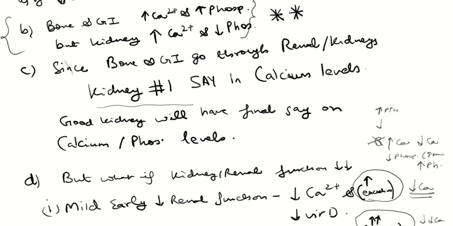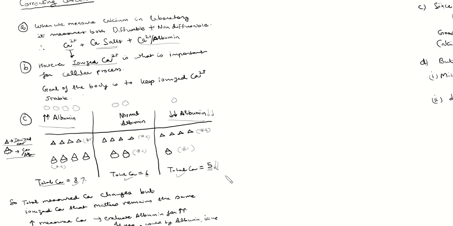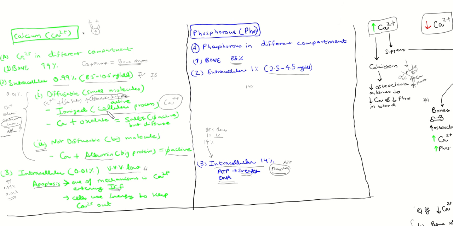All right, so let's do a quick recap and see if we understand what we covered in this lecture. So again, we talked about calcium and phosphorus. We talked about how both of them were a lot in our bones, about the same percentages in the extracellular space, and then you have calcium, which is ionized, diffusible but non-ionized, and non-diffusible, and how calcium, when we measure all three.